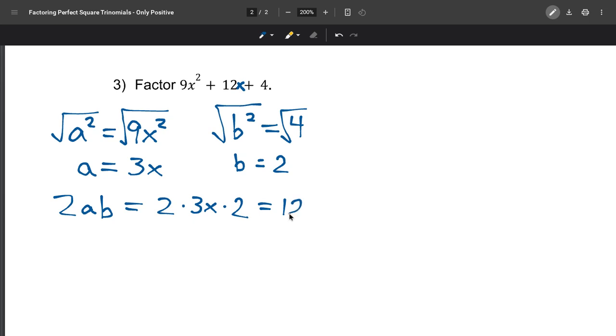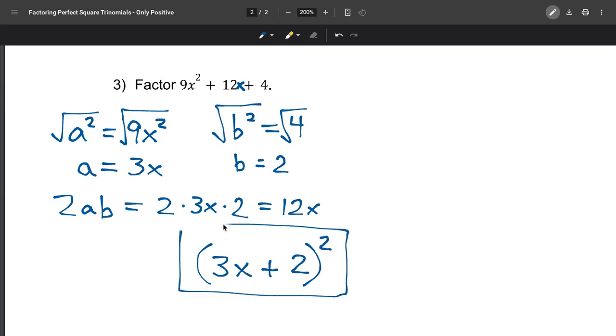So this is a perfect square trinomial, and it'll factor to a plus b squared, or in this case 3x plus 2 squared. And there we go. We're done with that one. And we factored a quadratic where a was not equal to 1. So getting up there, getting a little bit more complex. Let's try one more.